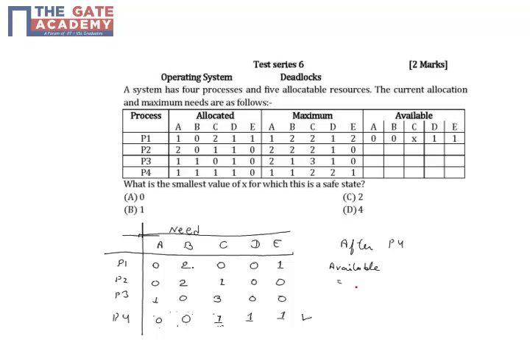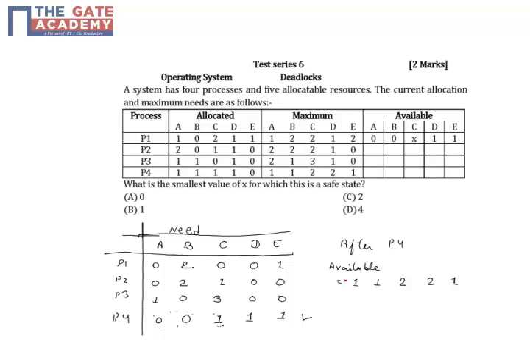After that, available will be 1 1 2 2 and 1. And you can see that with this available also the system is in an unsafe state. There is no need which is less than or equal to this available. So x equal to 1 is not possible.